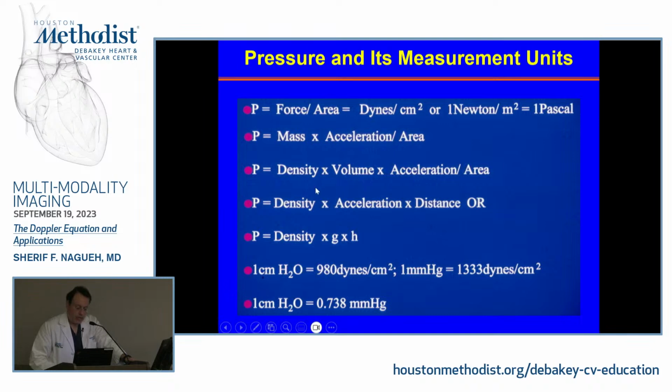So now if we look at that first expression and we say volume is given by area multiplied by a third dimension, and then we sort of cancel that area, we end up with the expression of pressure being given by the product of density, acceleration, and distance.